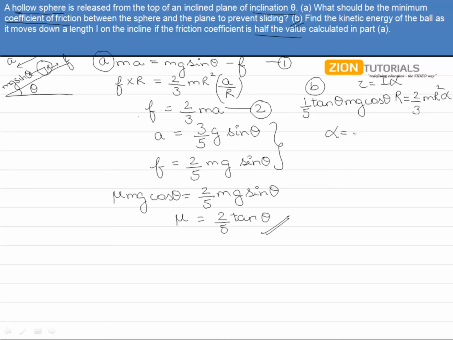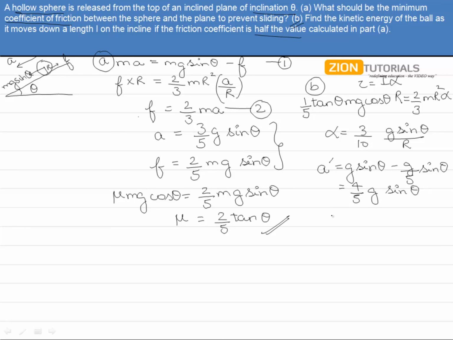Now from here we can calculate alpha to be 3 by 10 g sine theta over R. And so we can write the acceleration, which we call a dash, to avoid confusion with the a we took in the previous case. It comes out to be g sine theta minus g by 5 sine theta, or 4 by 5 g sine theta.